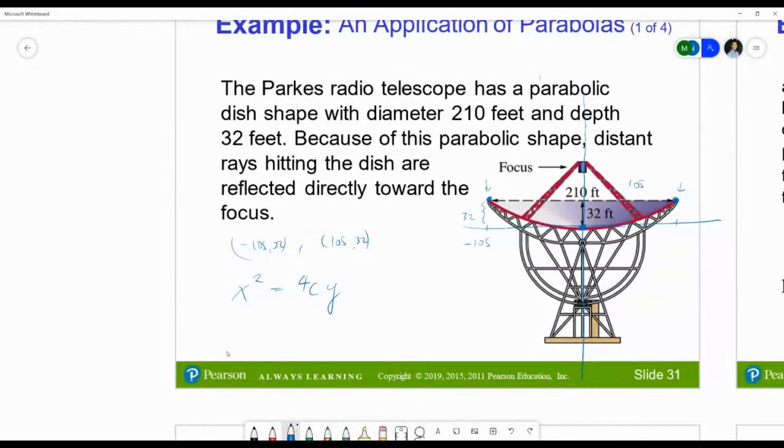Why do I know that? Because it's a vertical parabola, so it's x squared. We also know that it's pointing up, so c is greater than 0. Now, can you find out what the c value is equal to? That's the only missing variable here. How can I find c?